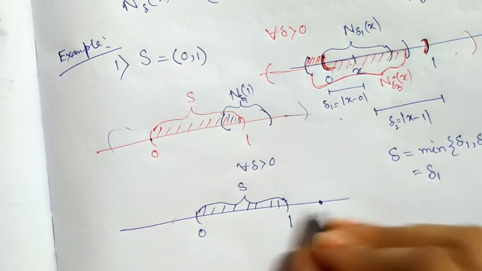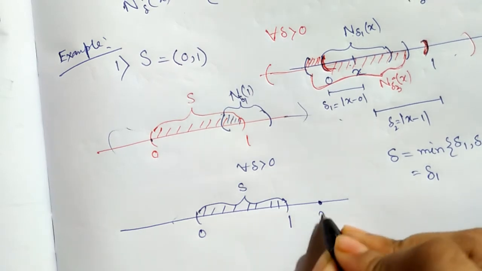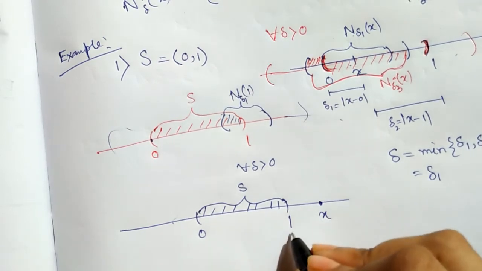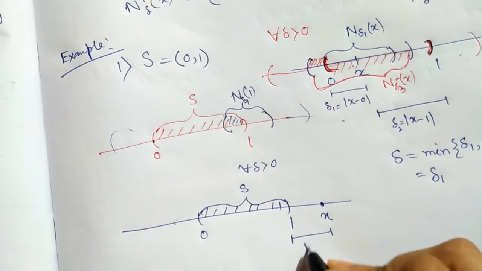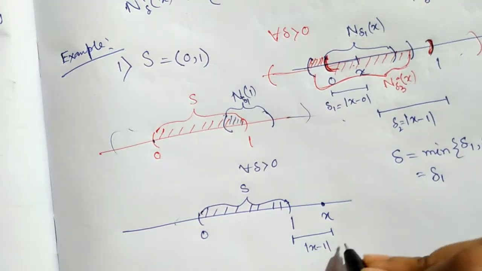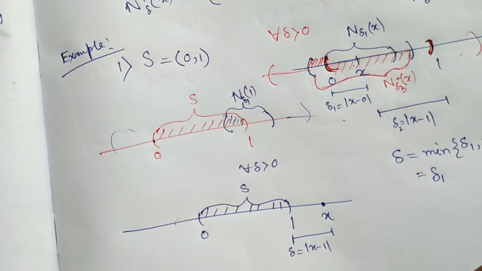So, at first we check the right portion. Suppose this is x, then this distance is |x - 1|. Suppose this is the delta distance.